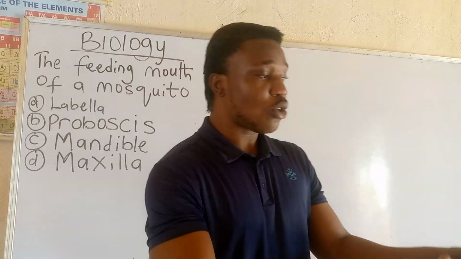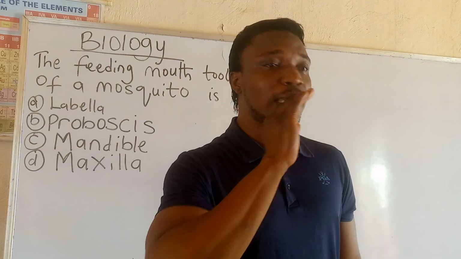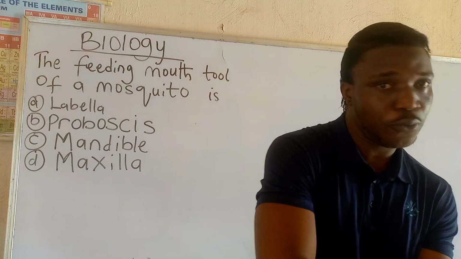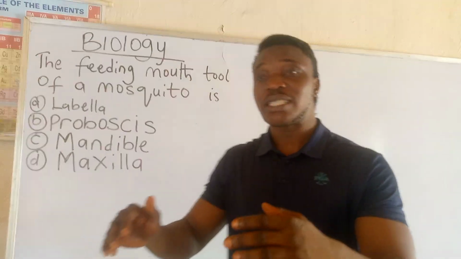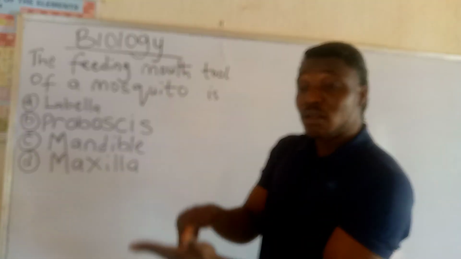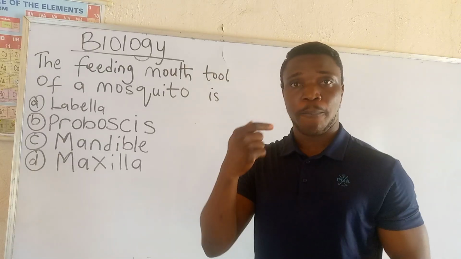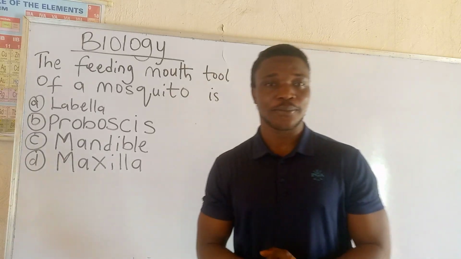When it lands on a solid food substance like sugar, it places its enlarged labella on the food. There, it releases saliva on the food. The released saliva will then dissolve the food. Then the food will begin to rush into the housefly's mouth by a mechanism called sponging.